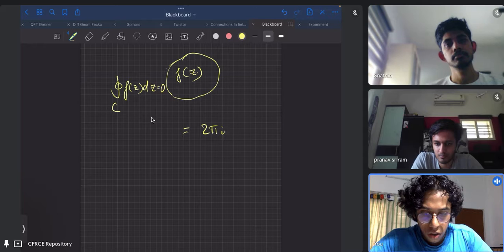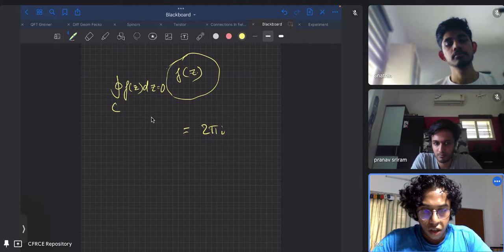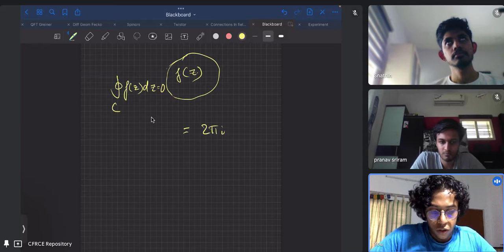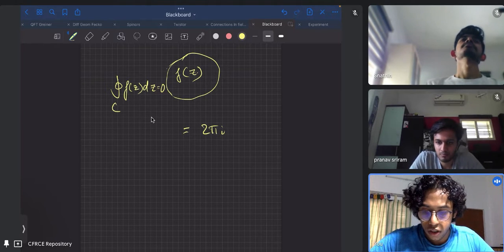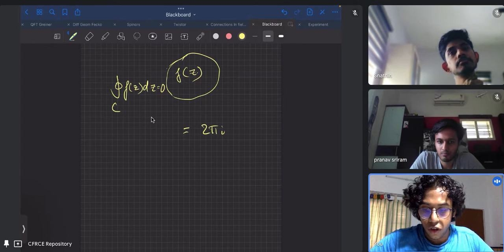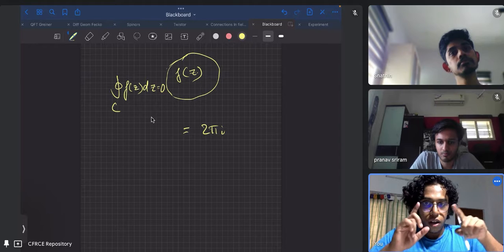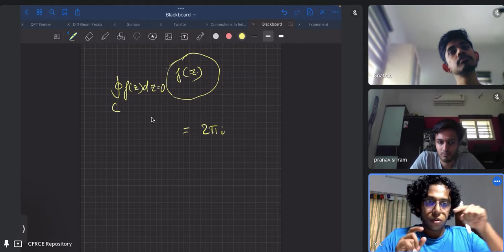Okay, so where we stopped off was this, right? The integral of f of z around a closed contour is 0, and then we took the example of a circle, and we took the example of a square, and we saw that both the circle and the square essentially have the same integral with a singularity.